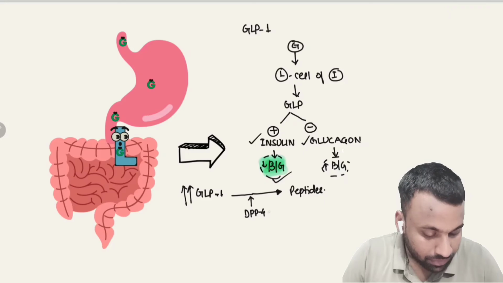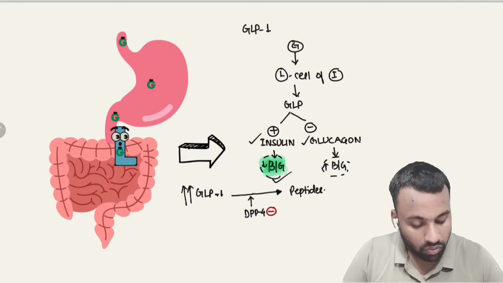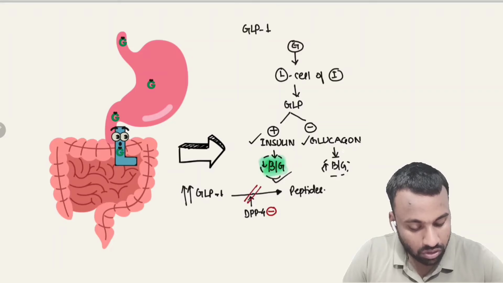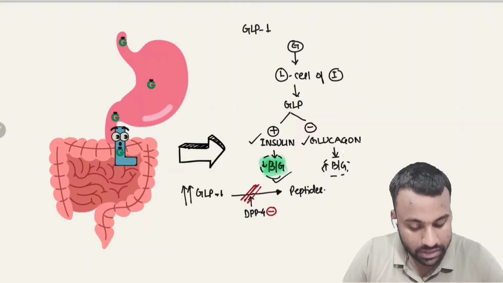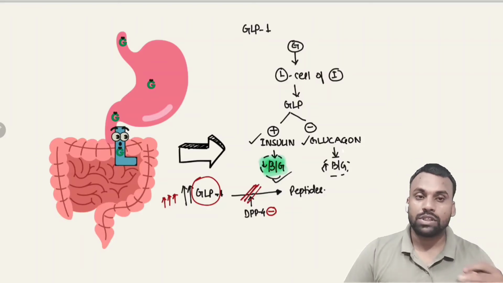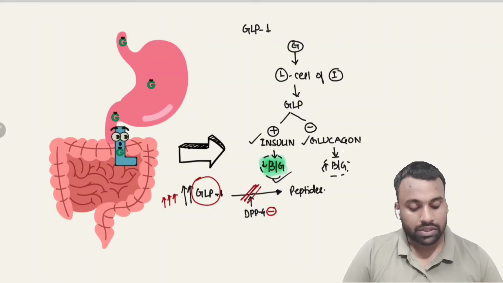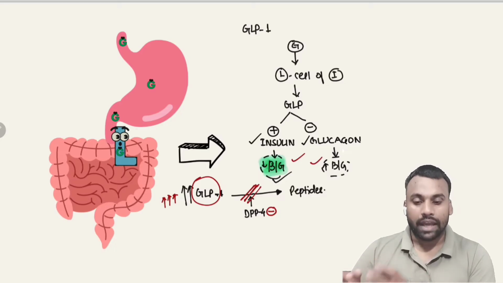If the DPP-4 inhibitors are given, they deactivate this step. And if this step is deactivated, it is responsible for an increase of GLP. With more GLP, the normal functions can happen, and the blood glucose level can be maintained.